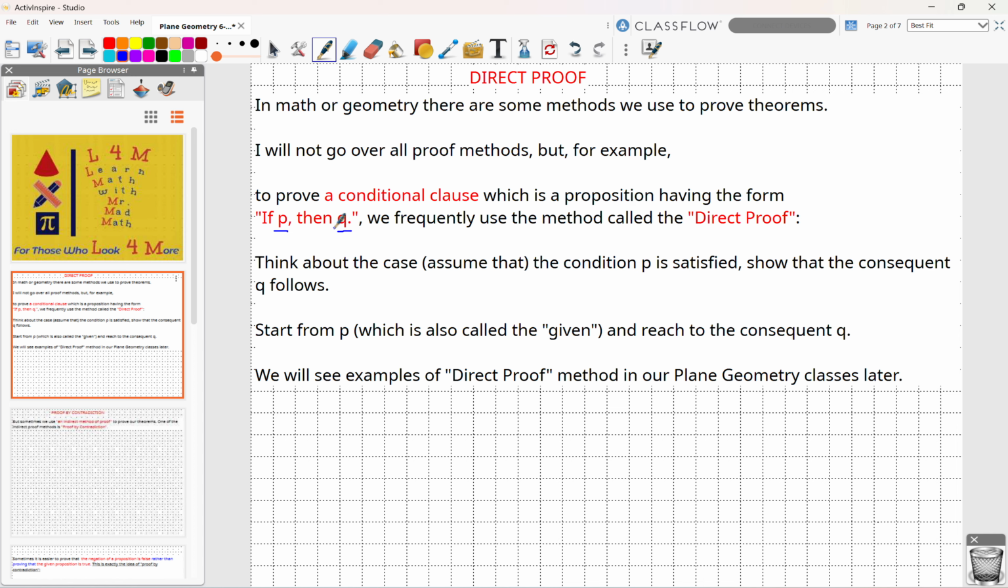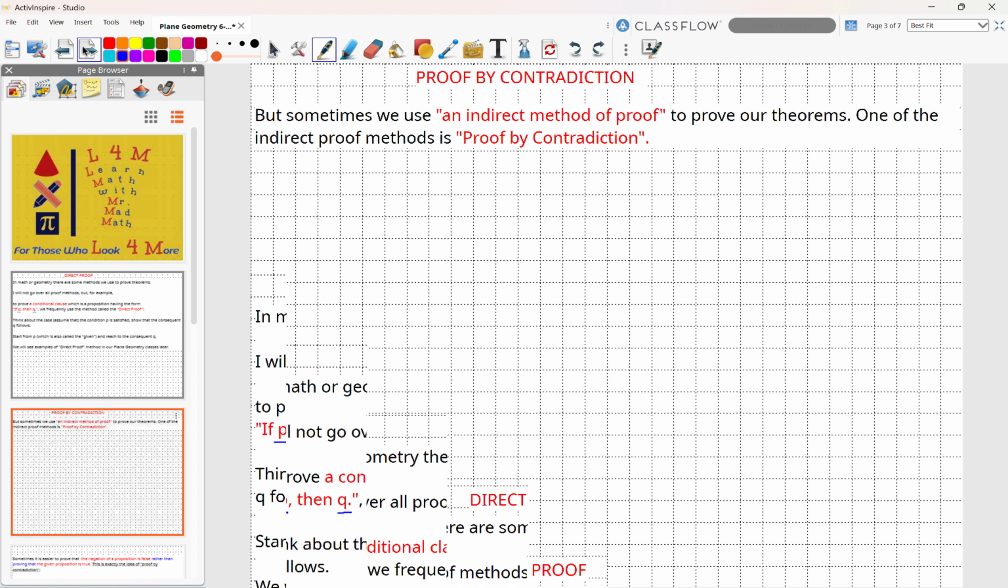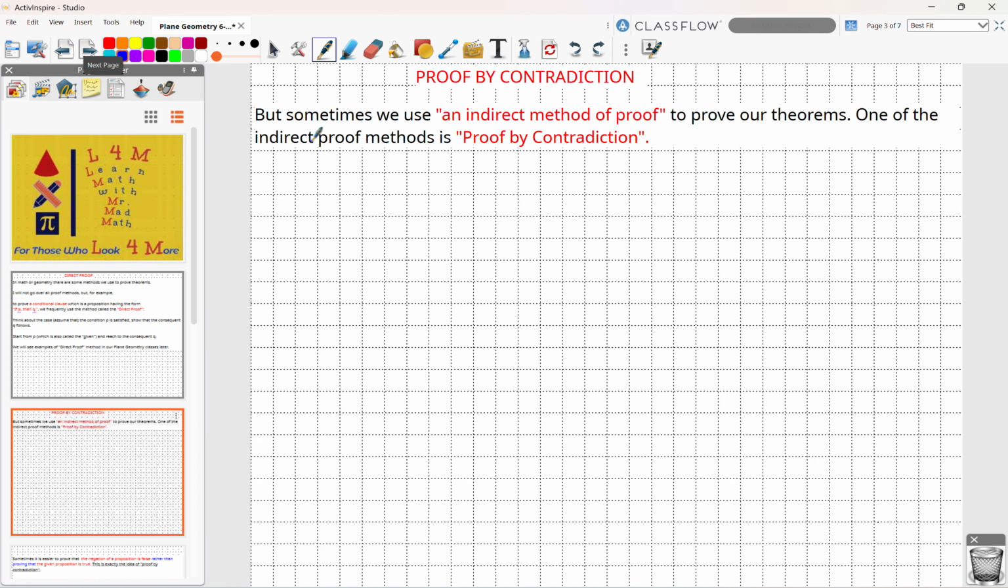But in some proof methods, we don't follow this way. We don't start from P and reach Q. We use some other ways. Those are called indirect proof methods. So proof by contradiction is a kind of indirect method of proof.